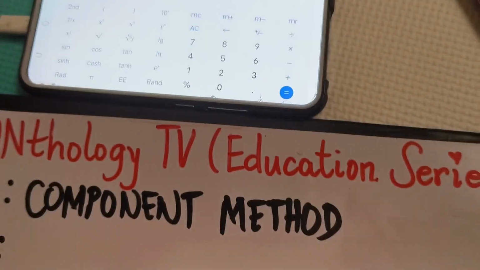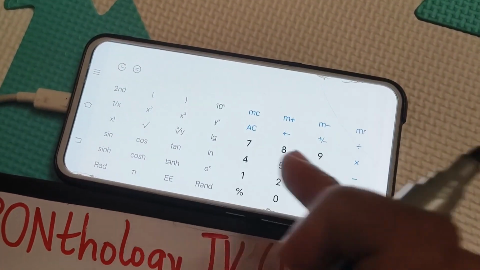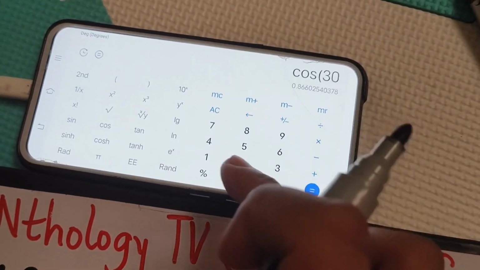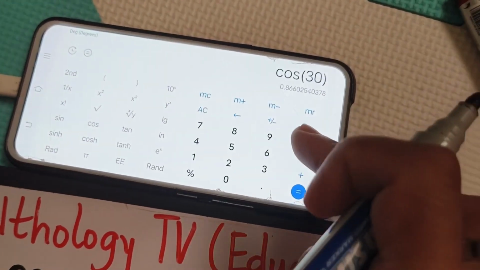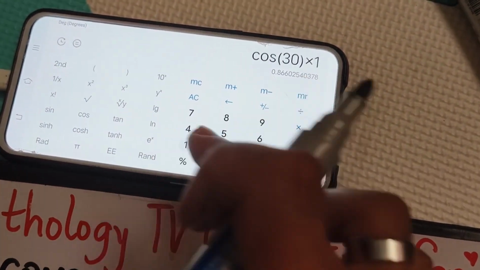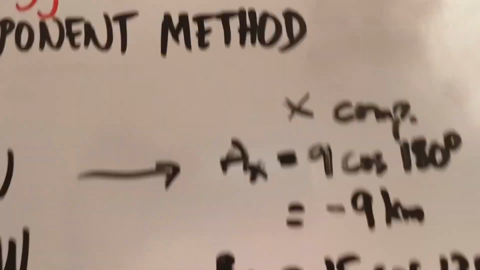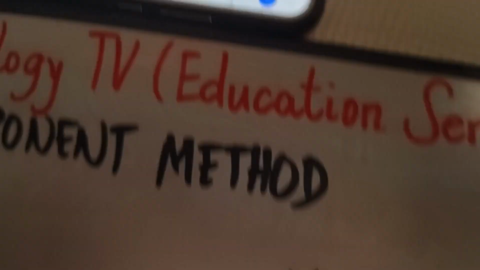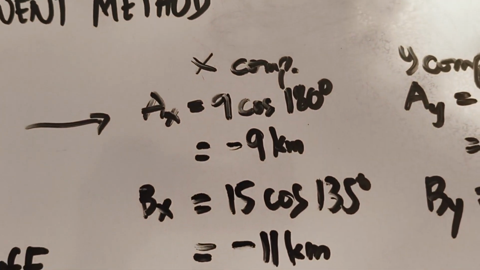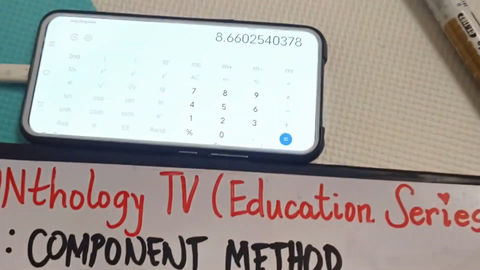So next, we have cosine 30 times 10. So 8.66. So dahil i-round off ko sa whole number, magiging positive 9 kilometers. Okay?